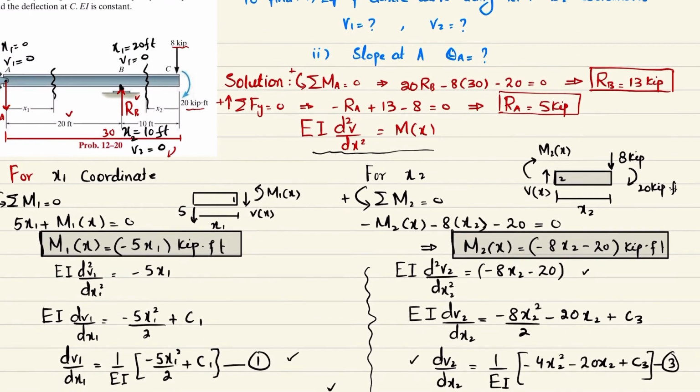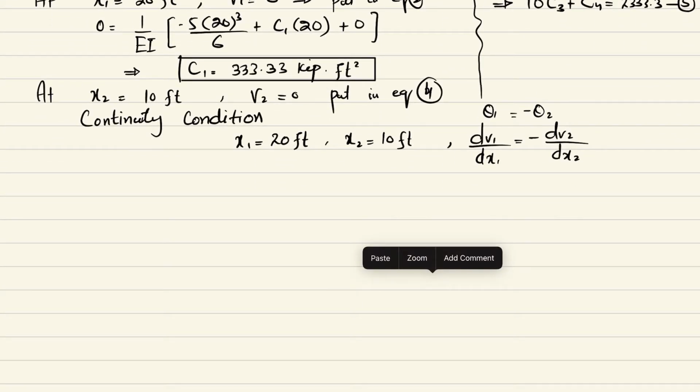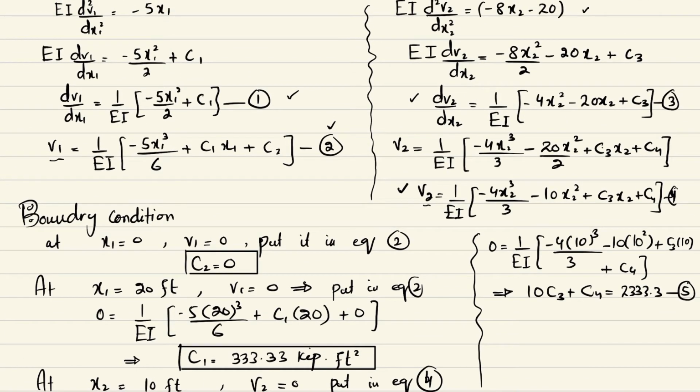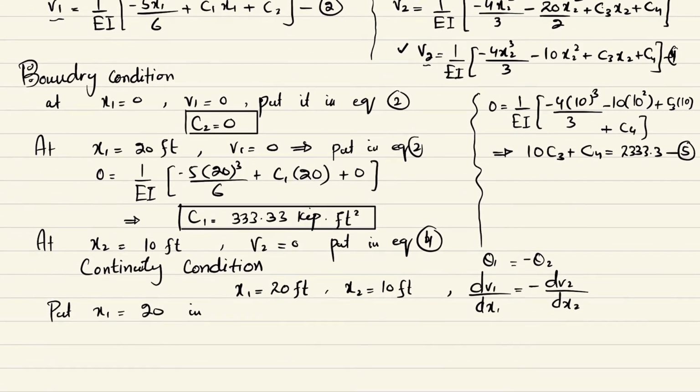I have already explained it in a previous problem. Theta 1 is equal to minus theta 2 because theta 1 is taken from the x1 coordinate and theta 2 is taken from the x2 coordinate. So put x1 is equal to 20 in equation 1, because equation 1 is for slope, and equation 3 is also for slope but for coordinate 2.